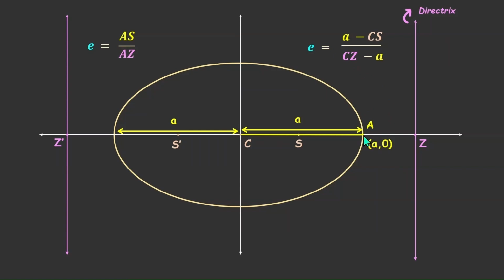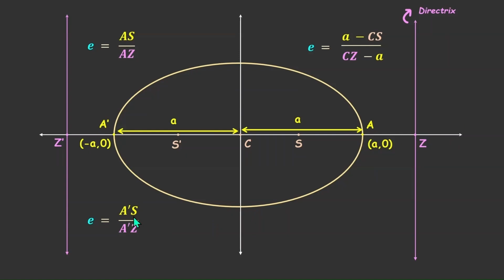Now also let's do it for another point, and again for convenience, let's take another point here. So it's A dash here. Because this is also A, on the negative side, the coordinates of A dash are (minus A, 0). Now let's put the eccentricity definition on this point. So here E is equal to A dash S, which is the distance of point A dash to the focus, divided by A dash Z, which is the distance of point A dash to the directrix.